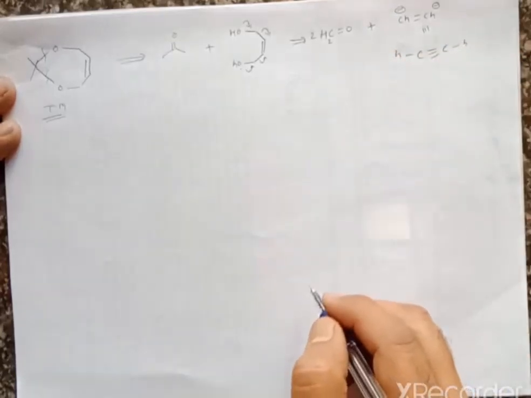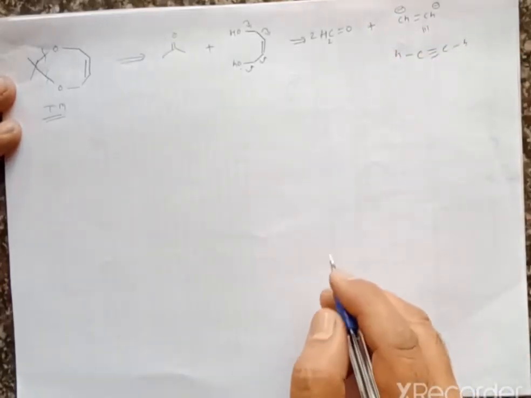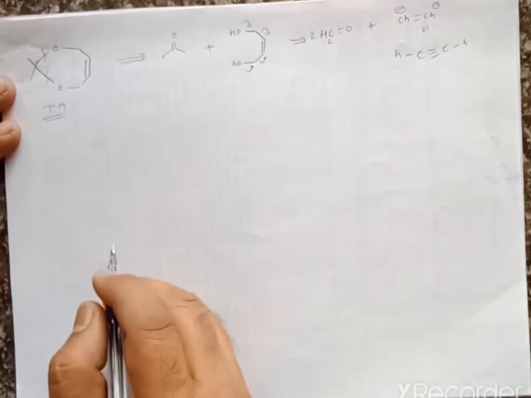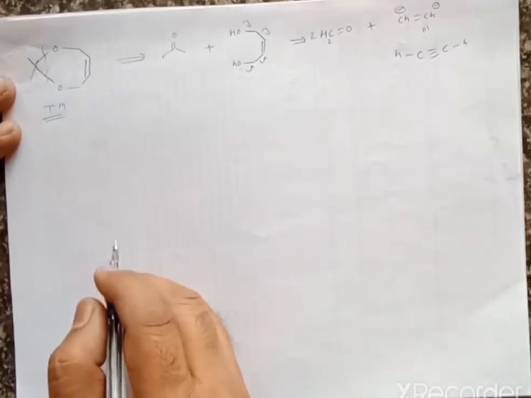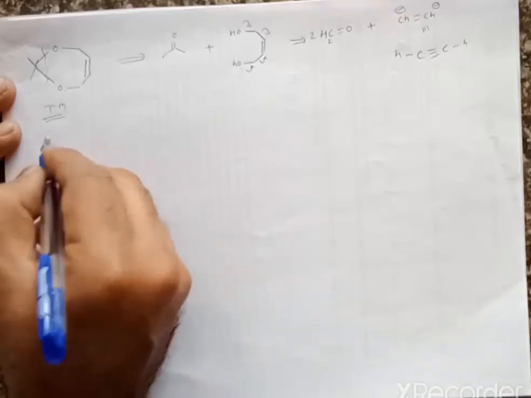If we take the acetylene molecule, it can be used for the synthesis of such a type of cyclic ether.